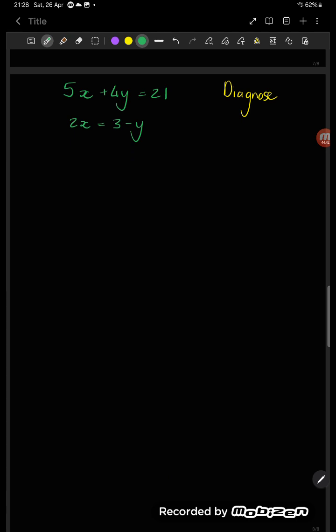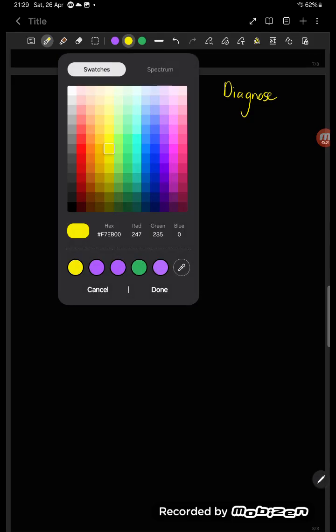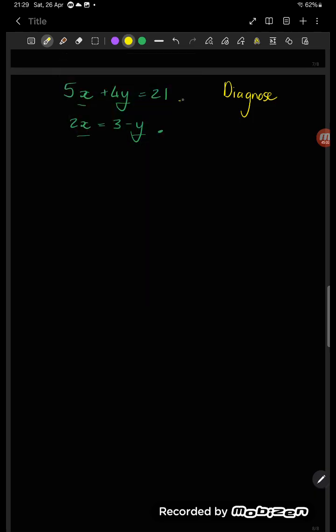So let's diagnose this one. Is there an x and a y in both? Yes, there is. So I need to either eliminate or find y's or do something. First, put this into more of a standard form. So this first one is going to be number 1.